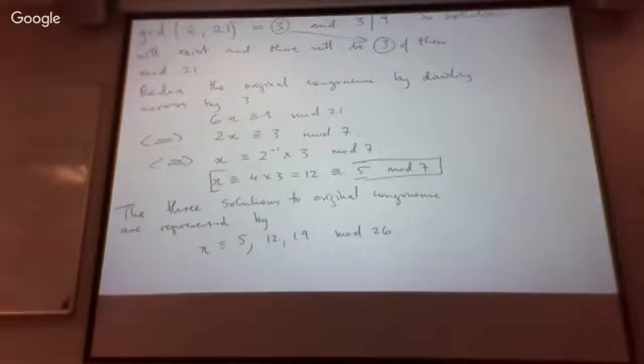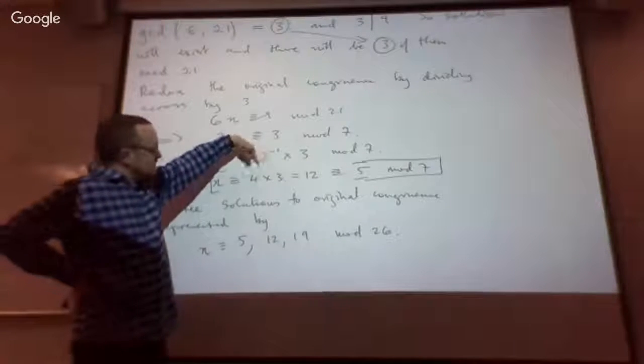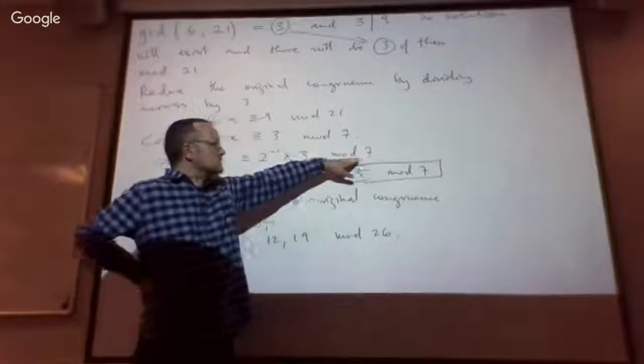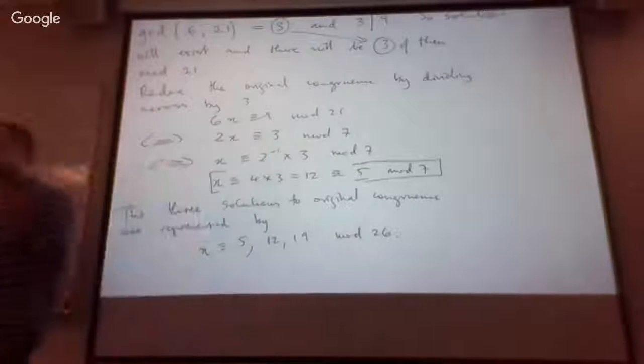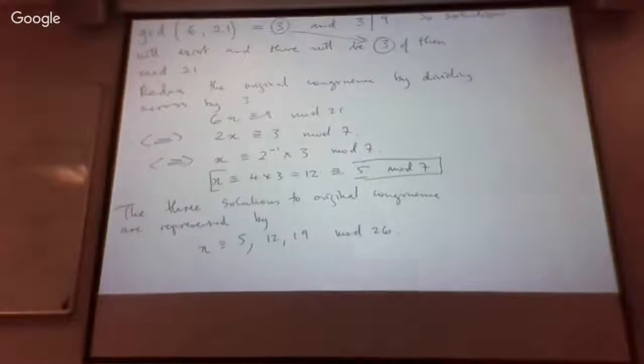That all comes from that result about linear congruences on the handout. Of course, when I'm writing this 2 inverse, the context here is modulo 7, so the 2 inverse is equal to the inverse of 2 modulo 7.